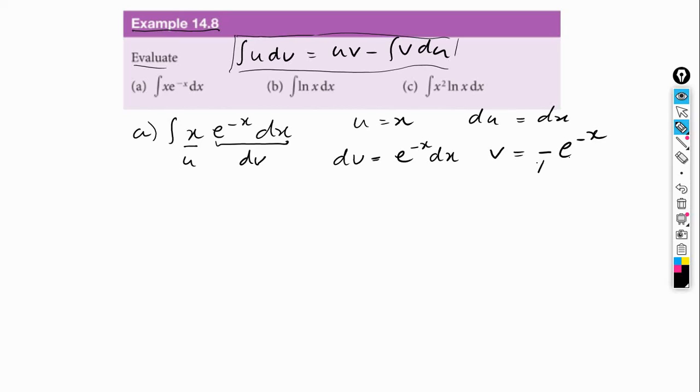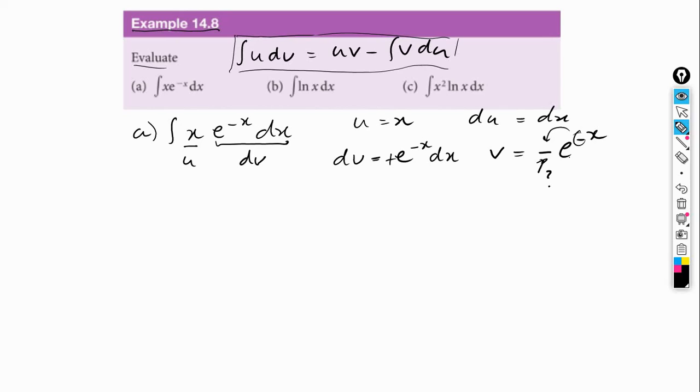But why minus? Well, if you look at the derivative of v, if we do the derivative of negative x, which is minus 1, it's going to make it positive, as you can see here to the left.